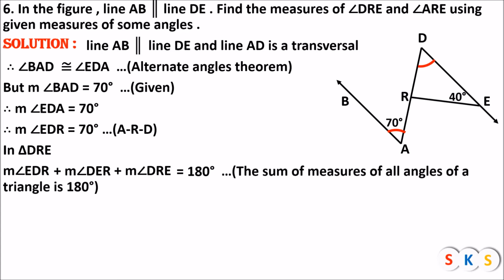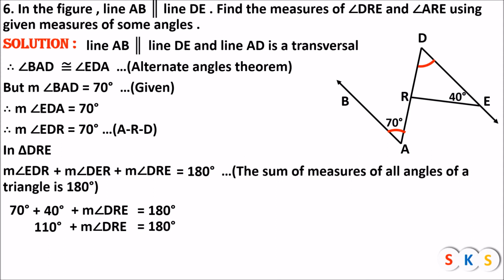Now at the place of EDR we can write 70 plus DER, that is 40, plus measure angle DRE equals to 180. Now 70 plus 40 will be 110 degree plus measure angle DRE equals to 180 degree. Therefore measure angle DRE equals to 180 minus 110 degree. Therefore measure angle DRE equals to 70 degree.